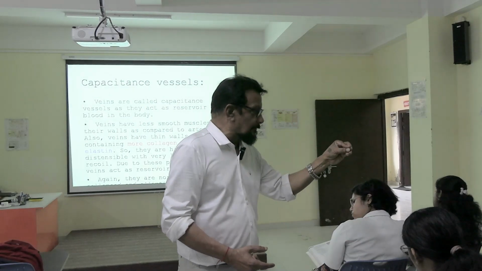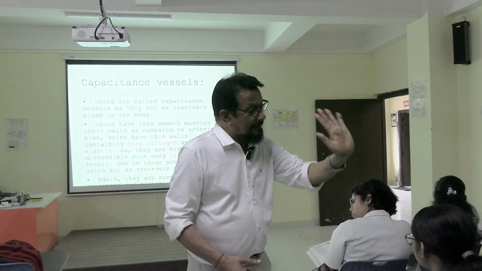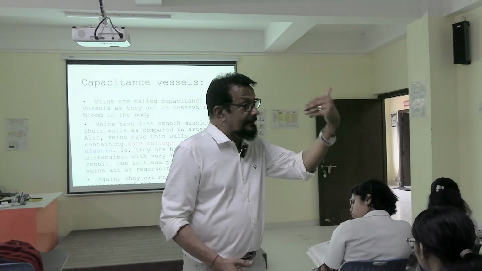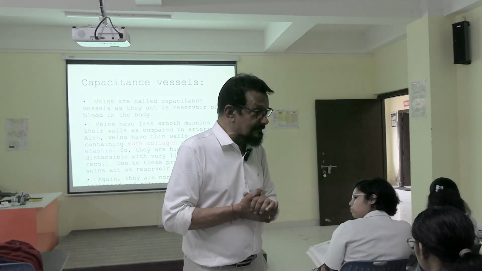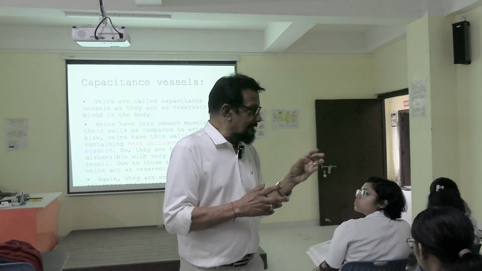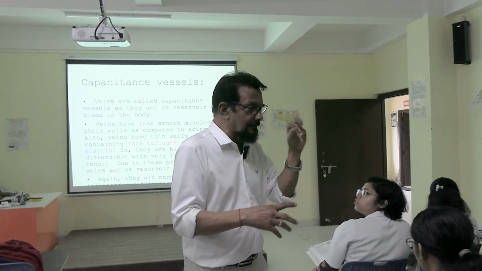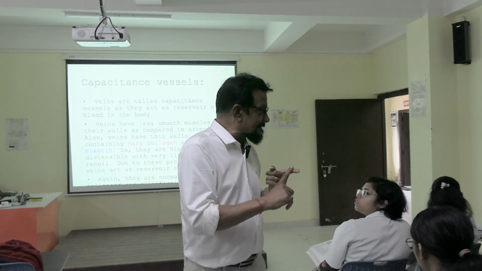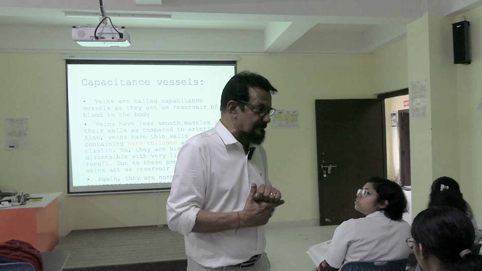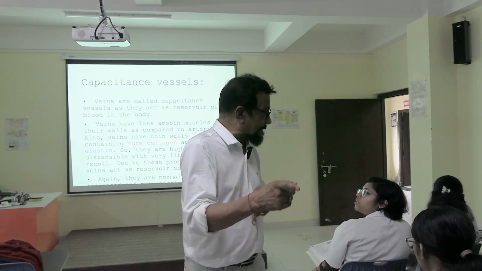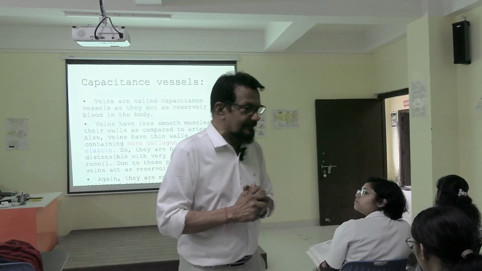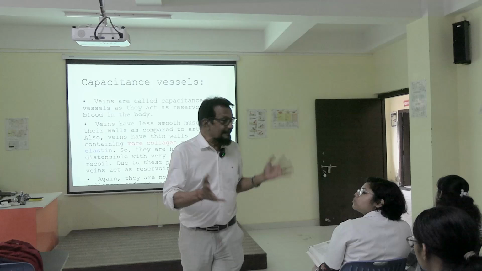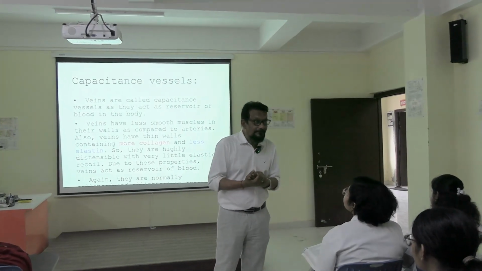In 1 beat, you eject 70 ml. In 1 minute, you beat 70 times. So in 70 beats, how much blood are you ejecting? 70 into 70, 4.9, means 5 liters. Every minute you are pumping 5 liters of blood.